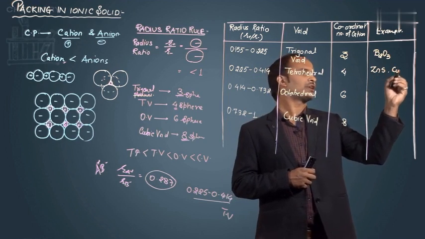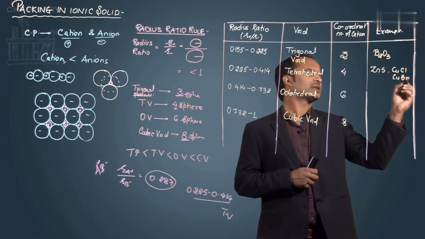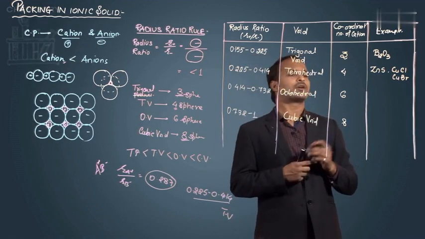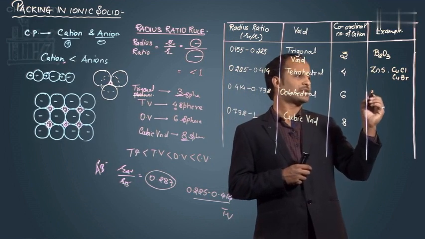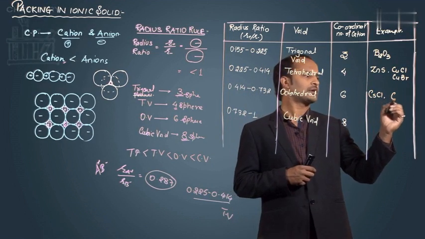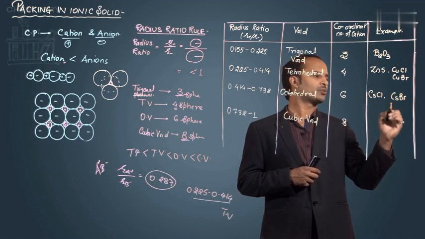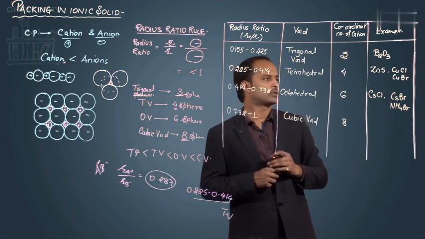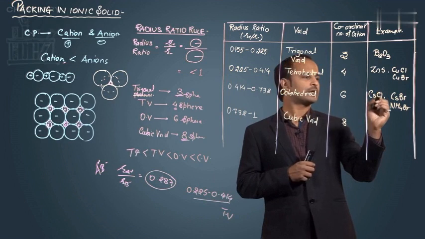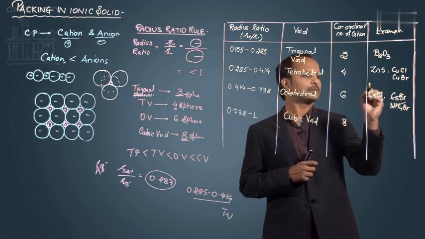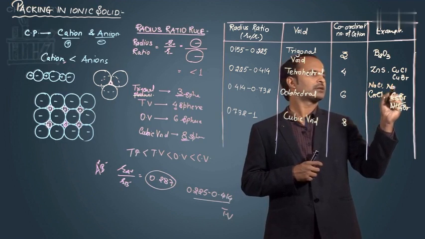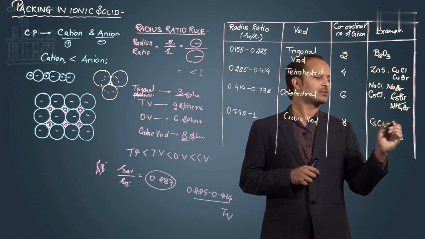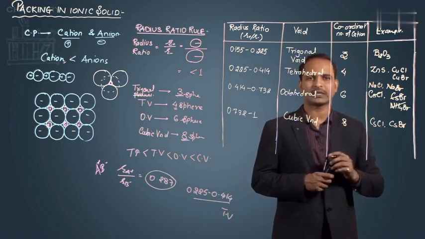In addition to zinc sulfide, we have CuCl, CuBr, CuI, etc. Then for octahedral, whose coordination number is 6, the example is NaCl, NaBr. And for cubic void, we have examples like CsCl, the cesium chloride, CsBr, NH4Br, etc.